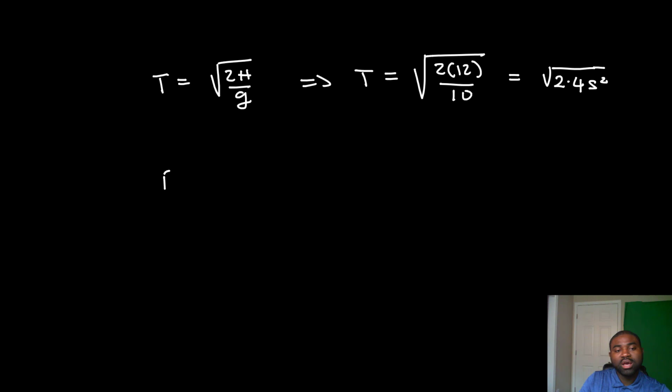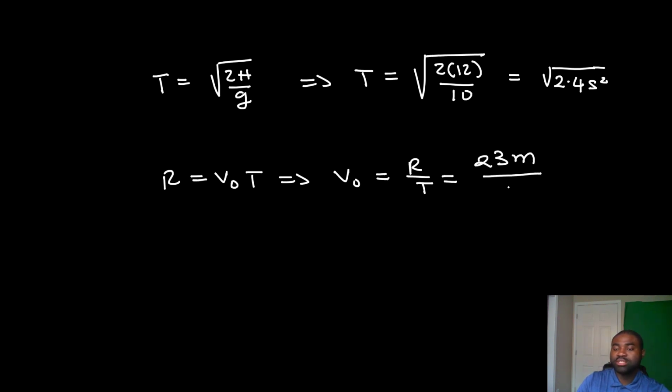Hence, R, which is equal to V naught T, would imply that V naught will be equal to R over T, which is equal to 23 meters all divided by T, which is the square root of 2.4 seconds squared.